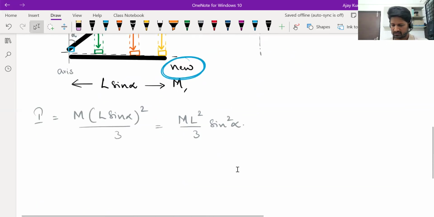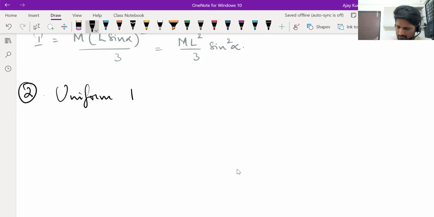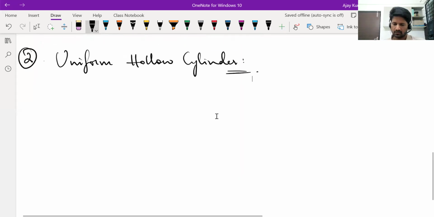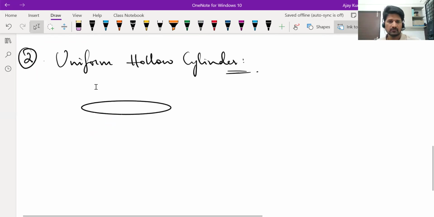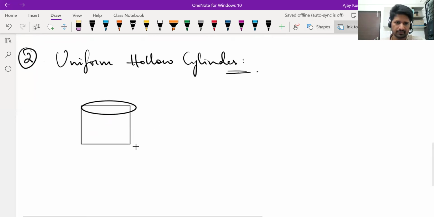Okay, let's apply this to some other systems. Let's say there is a uniform hollow cylinder. Uniform hollow cylinder is something like a tube only. Okay, so you can consider it like this.